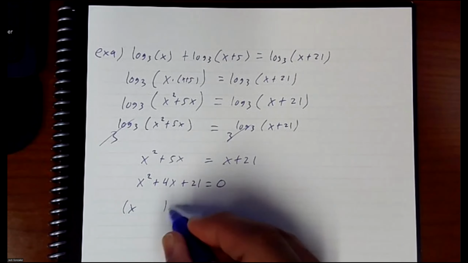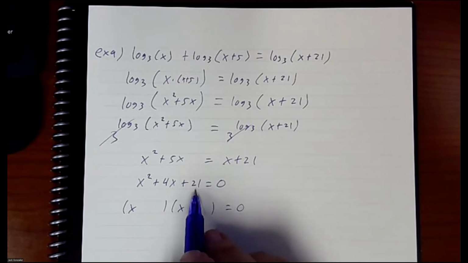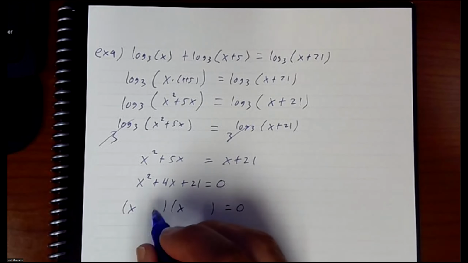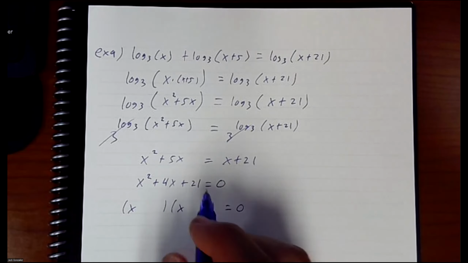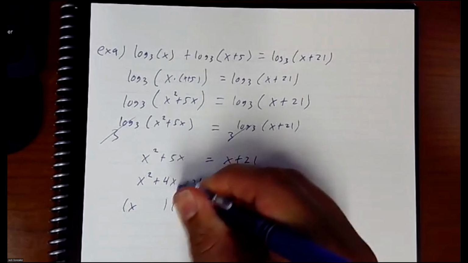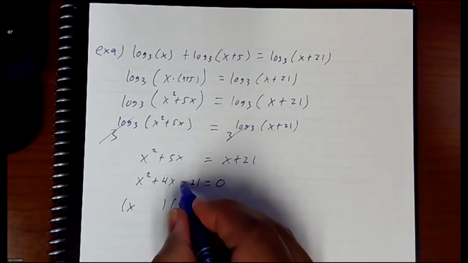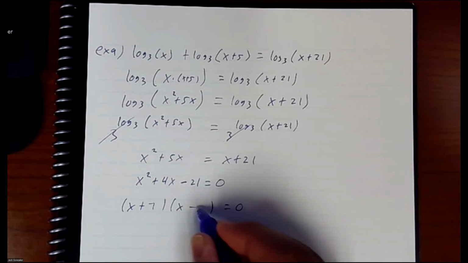Factor. Factors of 21 that add up to 4. 7 and 3. But it's a positive 21. Oh, that's the issue. It's negative. Okay. Yeah, plus 7 minus 3.